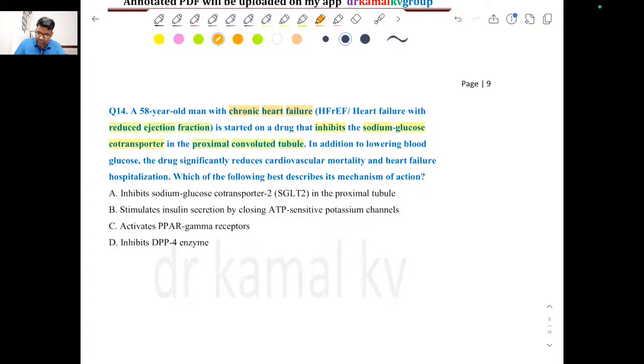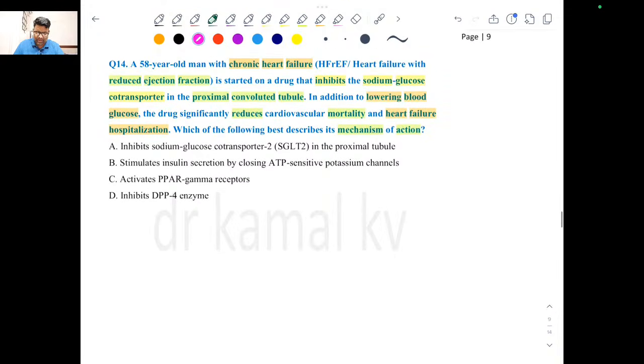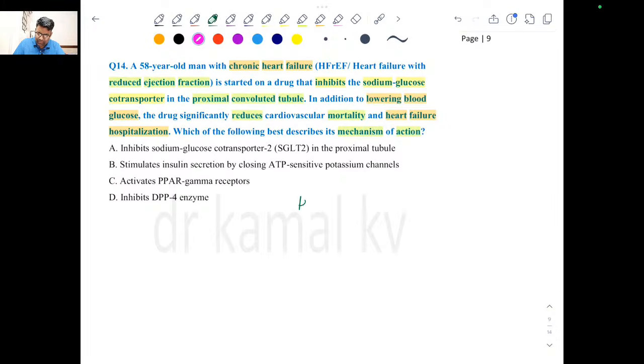Now, in addition to lowering blood glucose, this drug is also reducing cardiovascular mortality and need for heart failure hospitalization. Now, what is the mechanism of action of this drug? So, most of the thing has already been defined in the question statement itself, that patient is a case of heart failure with reduced ejection fraction.